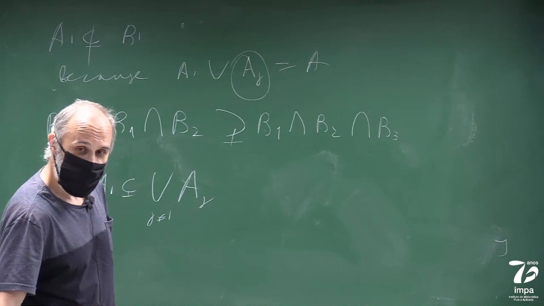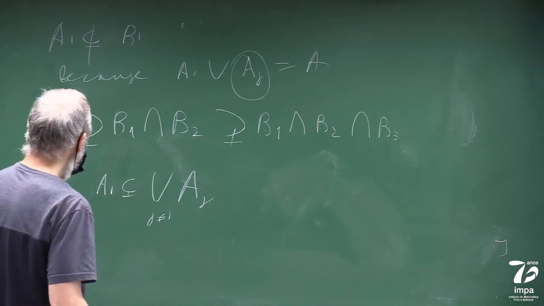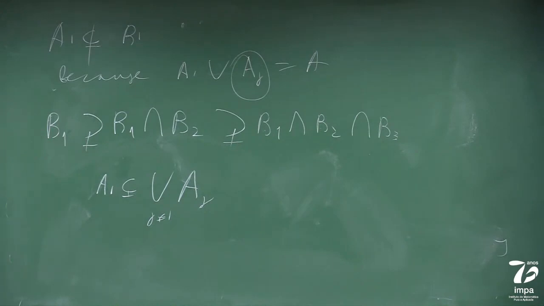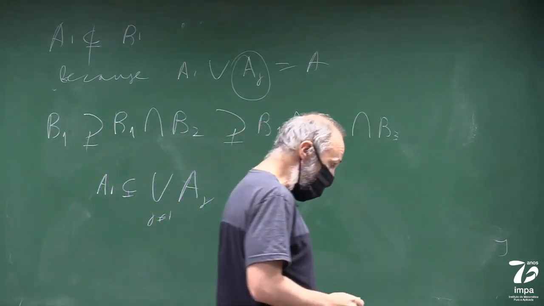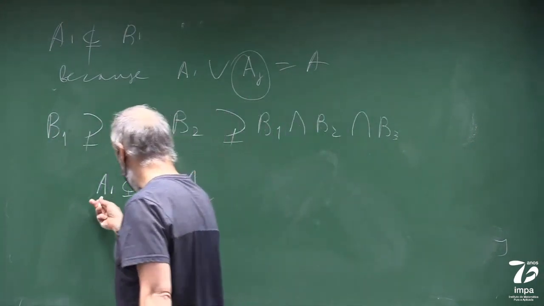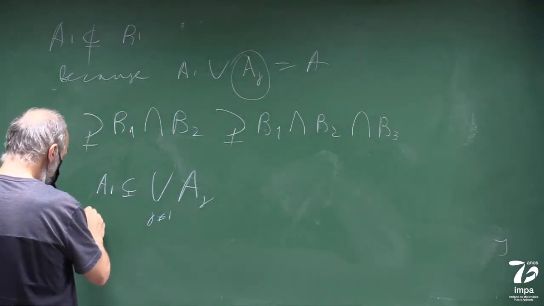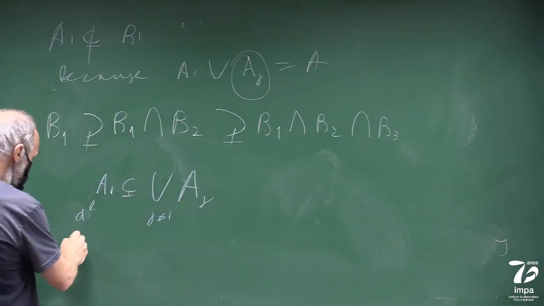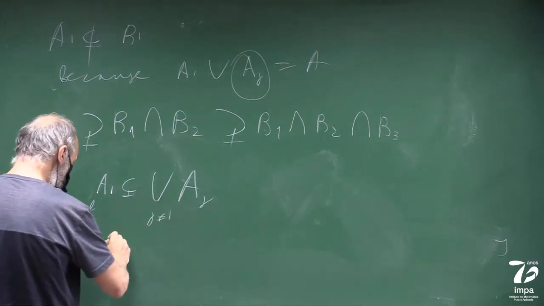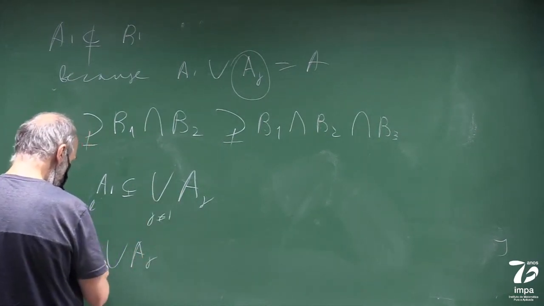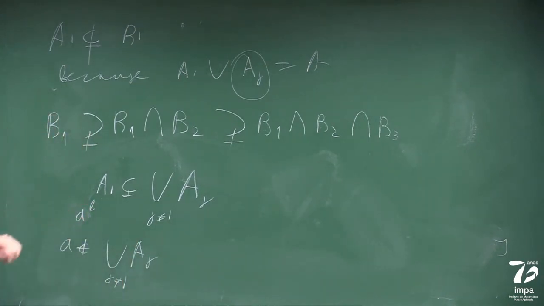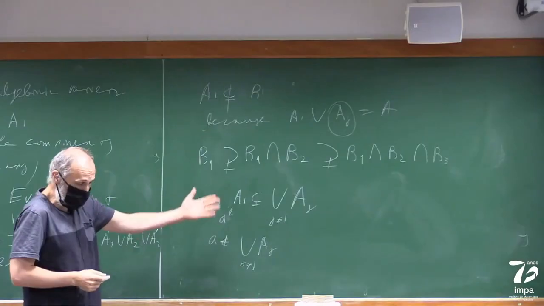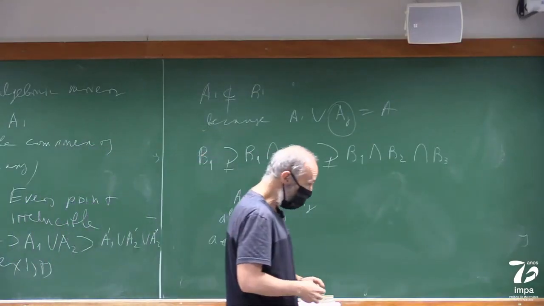Okay, you can also look at it under the following angle, that you have Ai, you have a point a in Ai, which doesn't belong to the union of all the Aj with j not equal to i. There exists such a point for each i, because these are irreducible components.